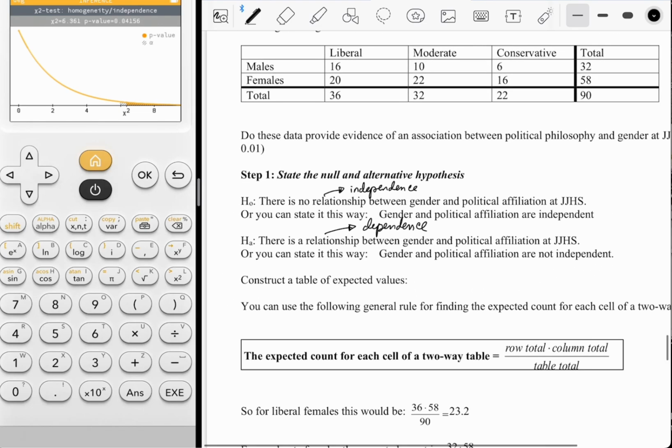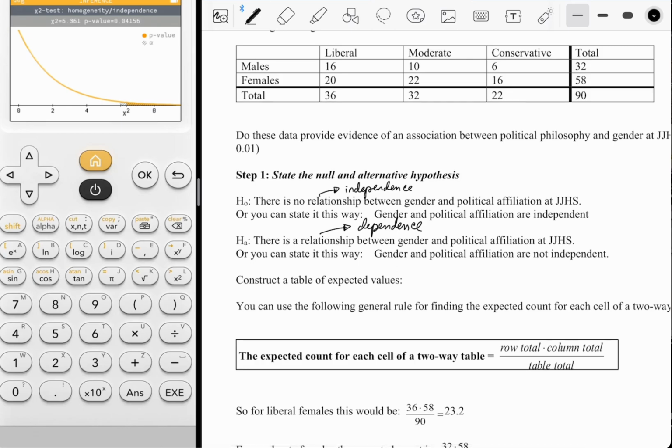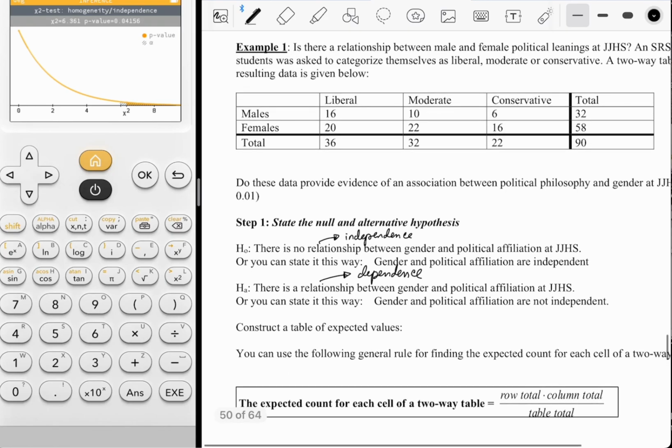The directions say to construct a table of expected values, and they give you these lovely formulas. So what's happening is, in a two-way table, you're given the observed outcomes, which are what actually happened. We need to compute the expected outcomes, or expected values, which is what should have happened based off of the row and column totals.